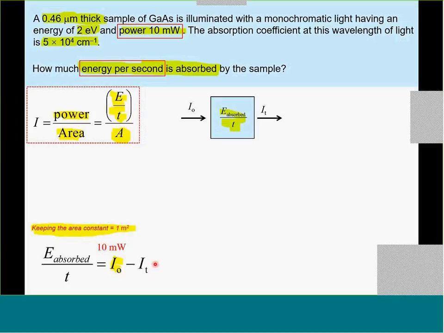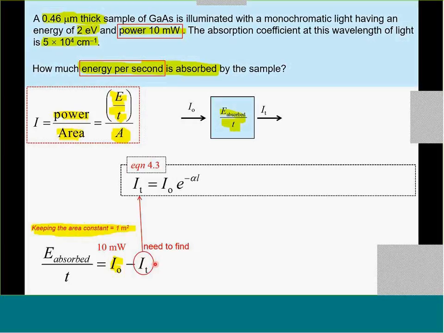But we know the relationship between I sub t and I sub 0, so we need to find it using the equation which I showed you just now. I sub 0 is 10 milliwatt, our alpha is given already here, and our L is the thickness, 0.46 micrometer. So you just put it in.